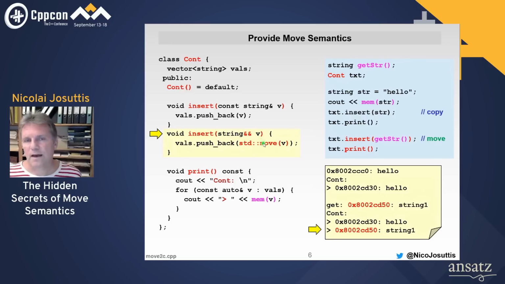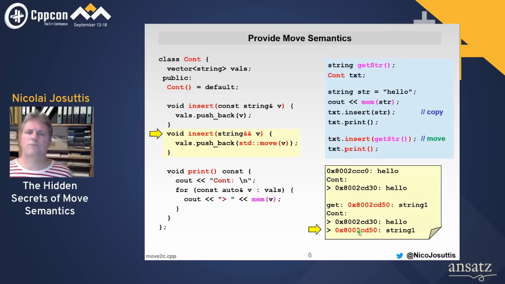And so in this case, the last time we use it, which is the only time here, we move this value into the container. And as you see now, the address of the internal memory of the string is moved into the container. So we have move semantics implemented here.